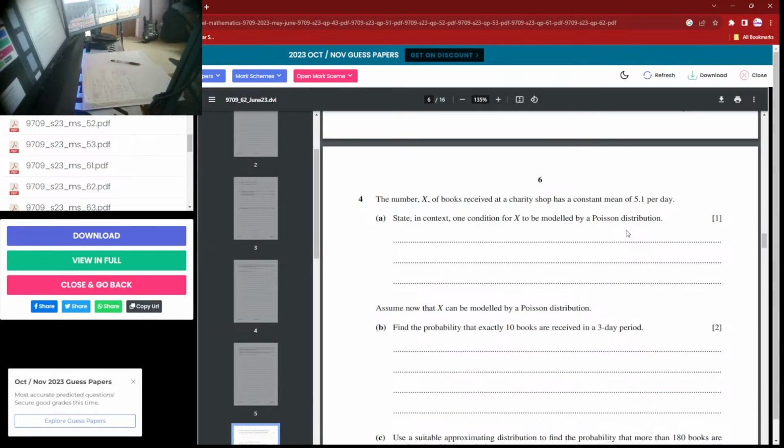You get 0.044. I doubt that's correct. No, it's such a low probability. Sorry, exactly 10 books. Yeah, okay, since the mean is 15.3, you would have more than 10 books on average.